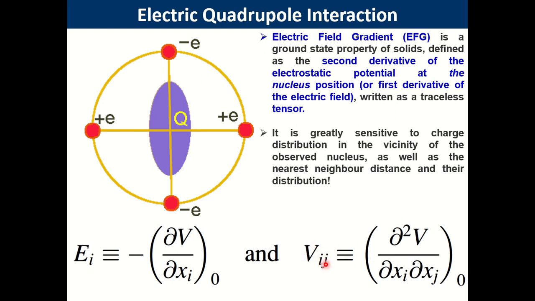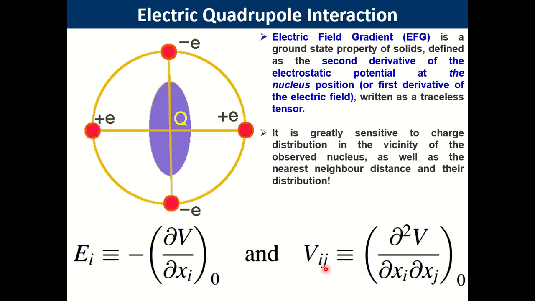This 0 comes because r is 0, the nucleus is our origin point. So when r tends to 0, the change in electric field with change in distance has to be calculated.